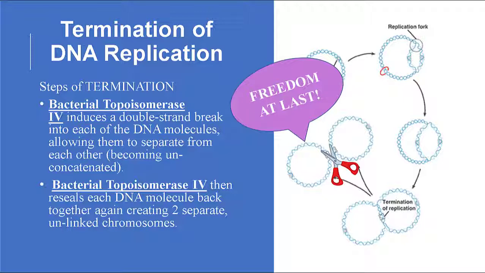Bacterial topoisomerase 4 induces a double-strand break into each of the DNA molecules, allowing them to be separated from one another. In other words, to become unconcatenated. Bacterial topoisomerase 4 then reseals each DNA molecule back together again, creating two separate unlinked chromosomes.